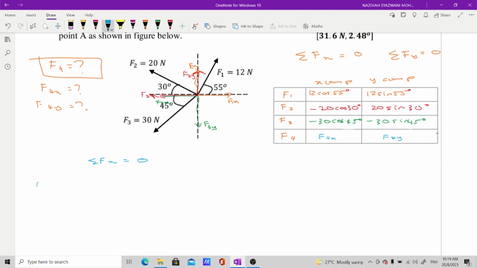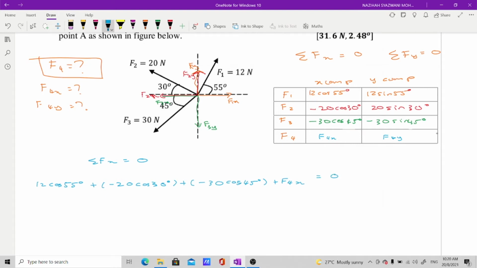Let's start with 12 cos 55 degrees plus negative 20 cos 30 degrees plus negative 30 cos 45 degrees plus F4x equals 0.